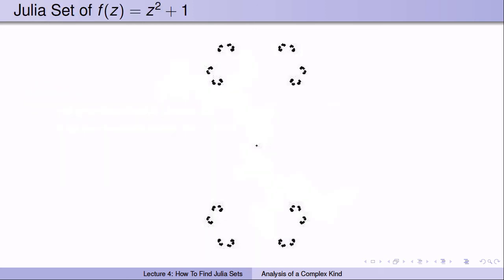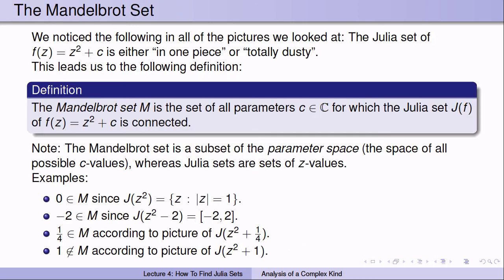This picture of the Julia set of f(z) = z squared plus 1 looks like it's completely, totally dusty and disconnected. You see all these little specks all over the place, but there's clearly huge gaps in between. So this set is not connected, and therefore the parameter 1 does not belong to the Mandelbrot set.